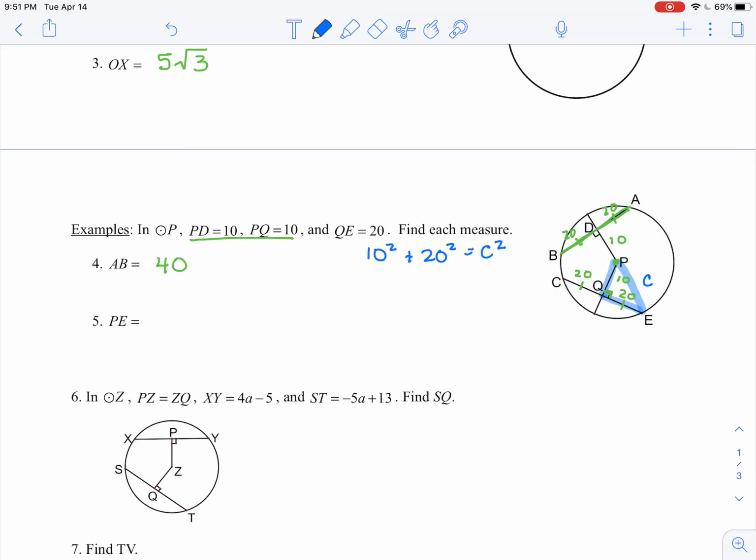So 10 squared plus 20 squared equals c squared. That's 100 plus 400, or 500, equals c squared. And when you square root both sides and simplify, this should become 10 root 5. So PE, the radius of the circle, is 10 root 5 units long.